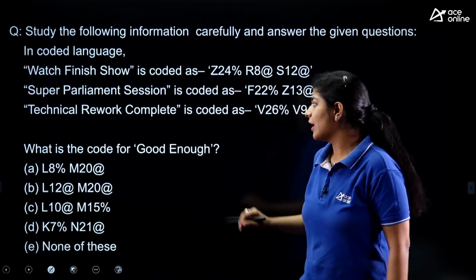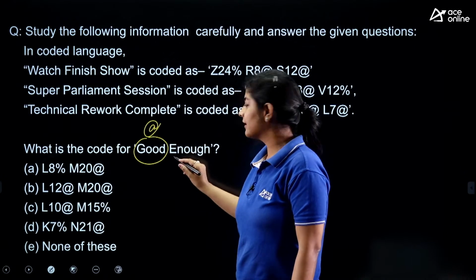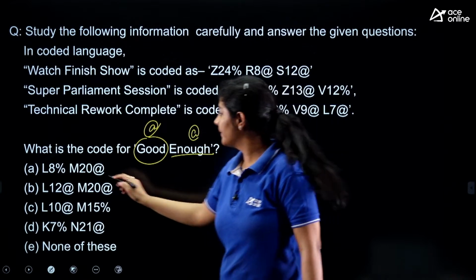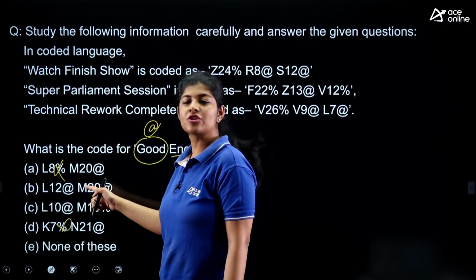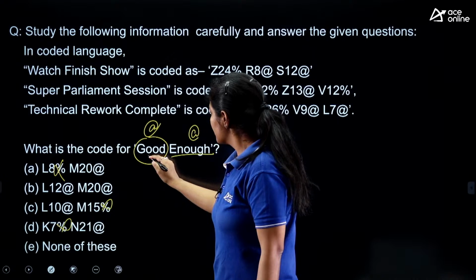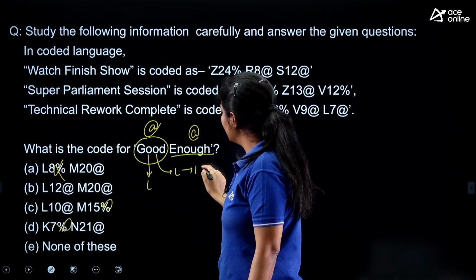Similarly, in the next one, how many letters do we have? 4. That means I need @. How many letters? 6, @. Either option B is the correct one or I'll go with none of these. So for this one, L, number 12.